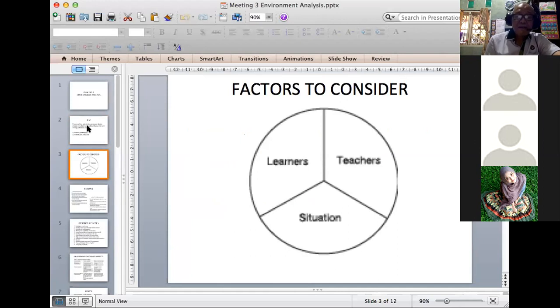Okay. And then we also discussed what we really need to look at in the learners. I just want to mention once again that these three factors are important and will affect our curriculum or our course. Now let's see first of all the first factor, the learners.